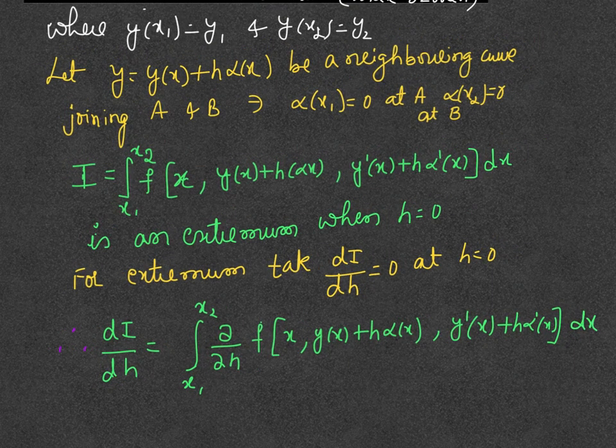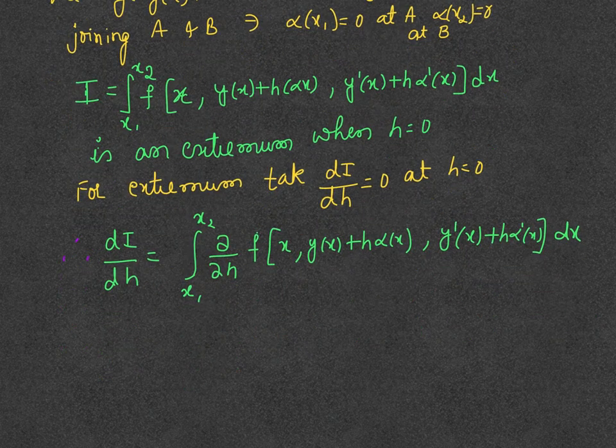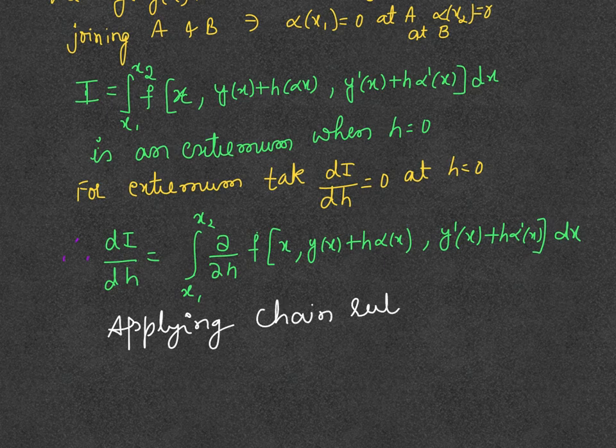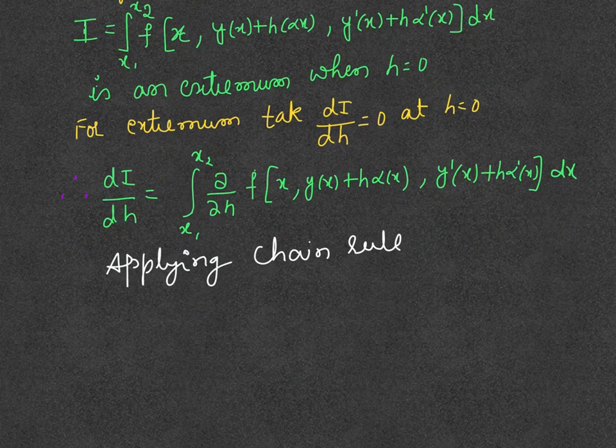Now we have to apply the chain rule here, applying the chain rule under the integral sign, because we have the partial derivative. Here f depends on x, y, y dash, and all of these depend on h.